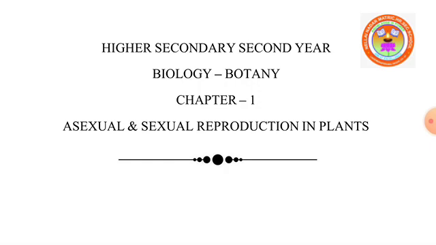Unit number 6 is a continuation of plus 1. There are 5 units in plus 1, so in plus 2 we have 5 units. So unit number 6, reproduction in plants, in which the first chapter, asexual and sexual reproduction in plants, we are going to discuss.